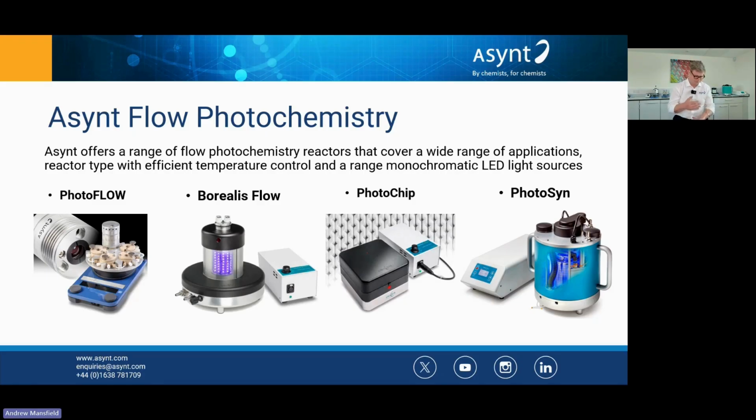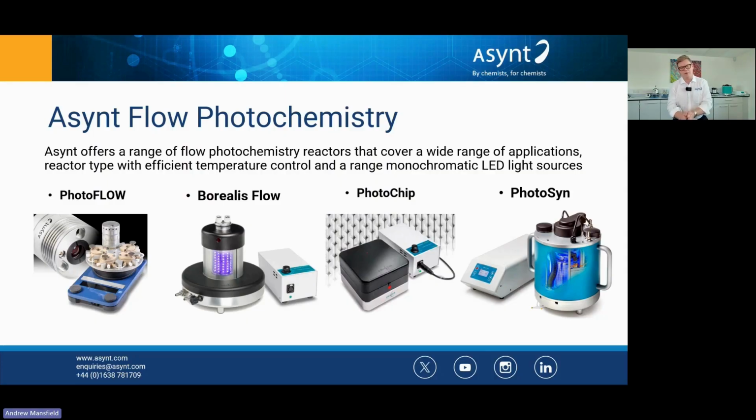And then we have a coil reactor, flow chemistry coil reactor based photochemistry equipment with the Borealis flow. The photo chip takes that approach of using a continuous process, but now using glass static mixers.